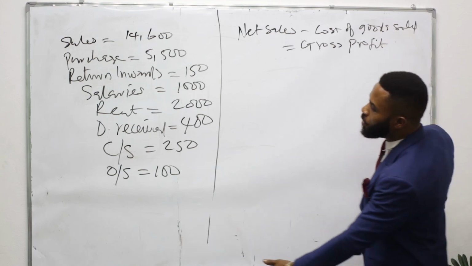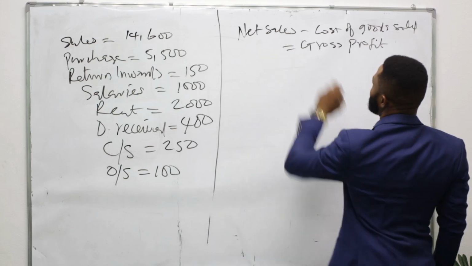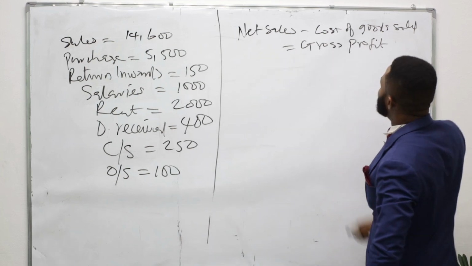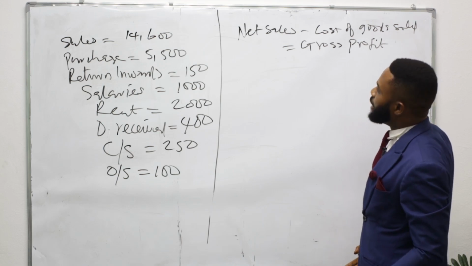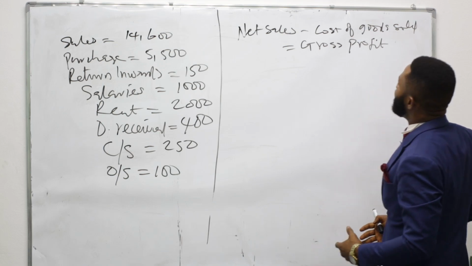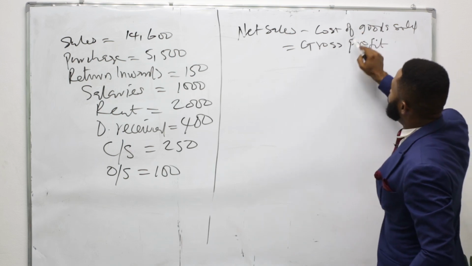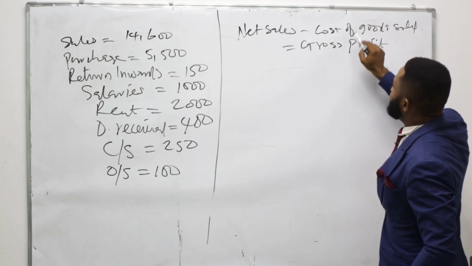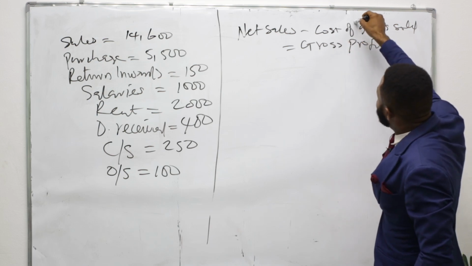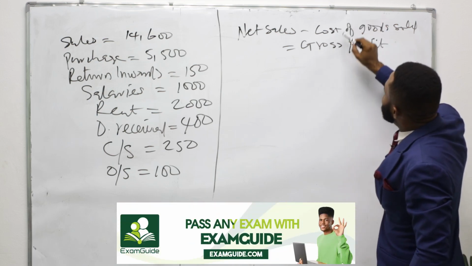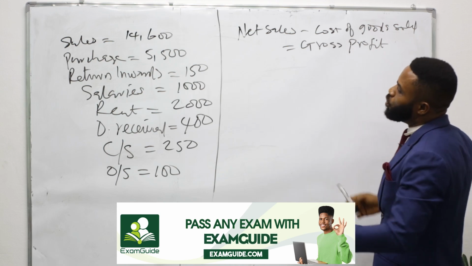Now look at the whole question. We have sales. We don't have cost of goods sold. We don't have gross profit. So what should I do? I'm going to look for these two. If I can get any of these, then I am good to go.